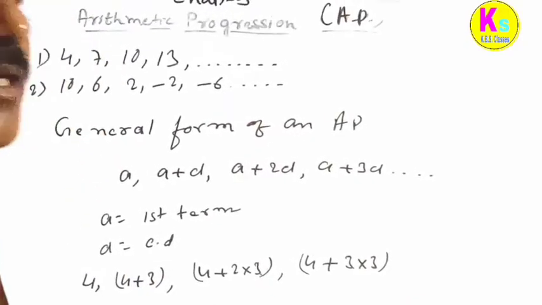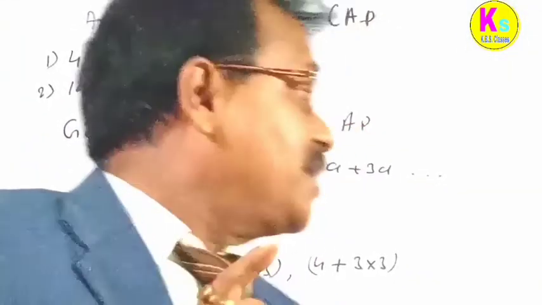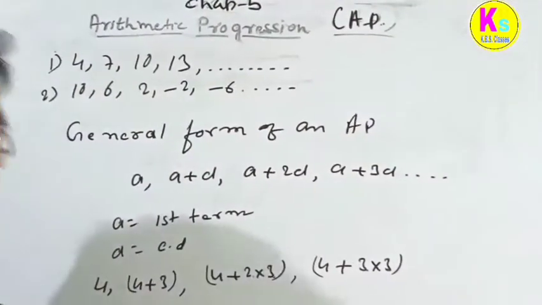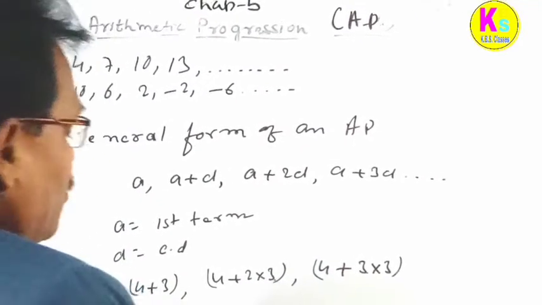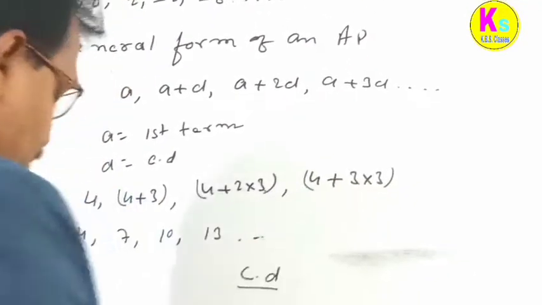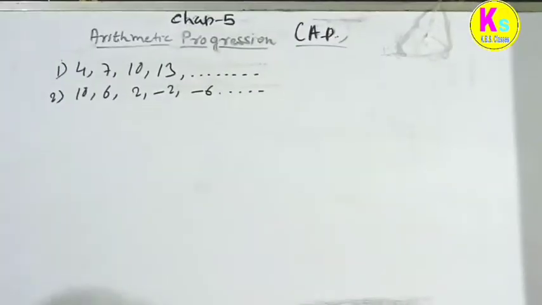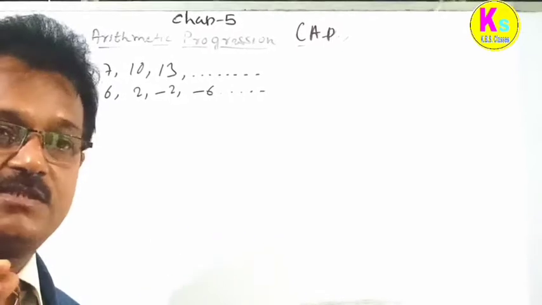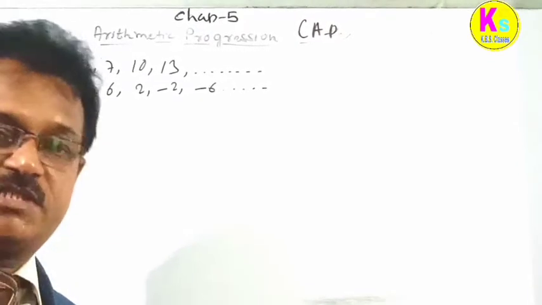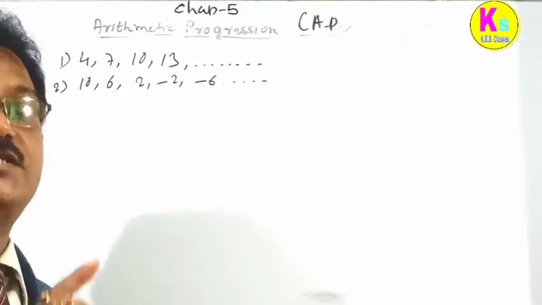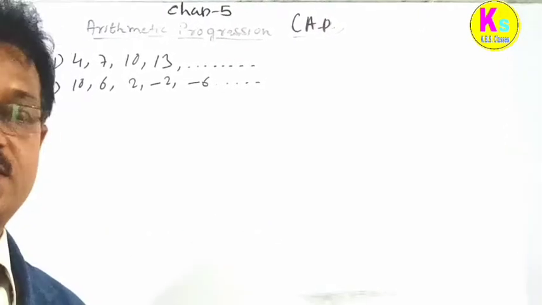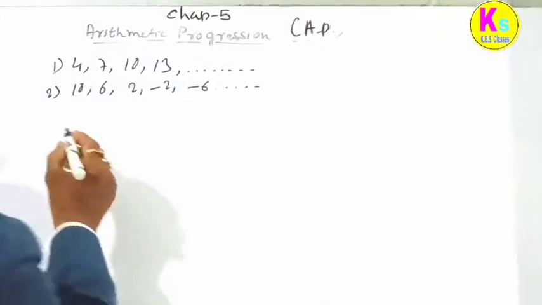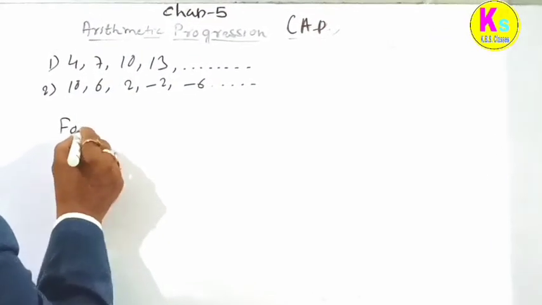You must know that thing, and it is not so difficult, a very easy thing to remember. That is only the common difference. We must remember the common difference. Thus we have seen that when the common difference in any series is the same, then that series is an AP. Okay, now we are coming to the formula of AP.